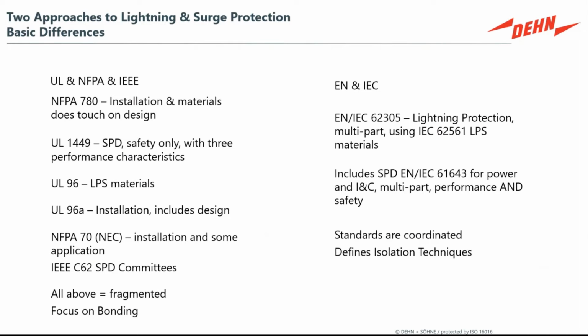The prevailing standards that we use as DEHN operational methods include NFPA 780 and the IEC 62305 methods. And here we just have a quick summary of the components and the particular types of standards that fall under this whole category of NFPA protection, with materials, installation methods, and surge protection methods that allow a completely protected system.